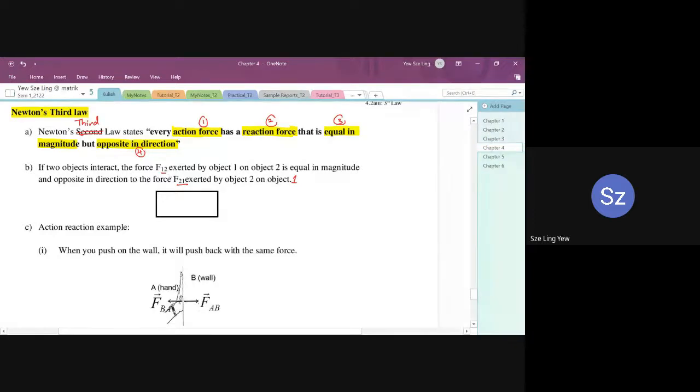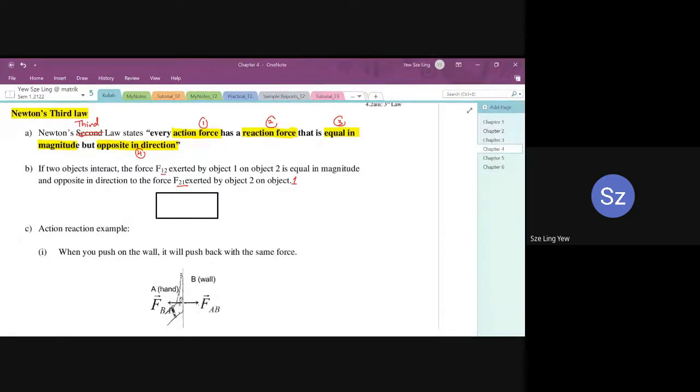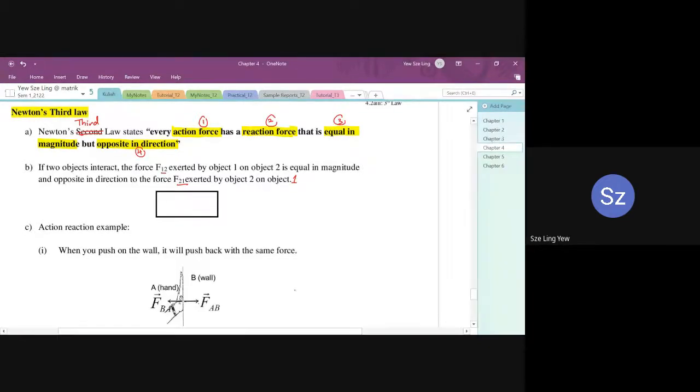It doesn't matter whether you write F12 or F21 as long as you show it in your diagram. Some books use F12, some books use F21 to represent the force acting on object 2 by object 1. Some use on-by, some use by-on. So double subscript notation is quite arguable, and usually I just write one subscript.